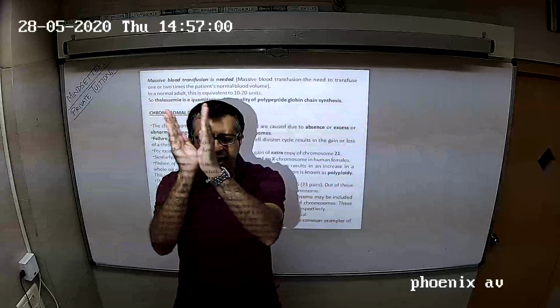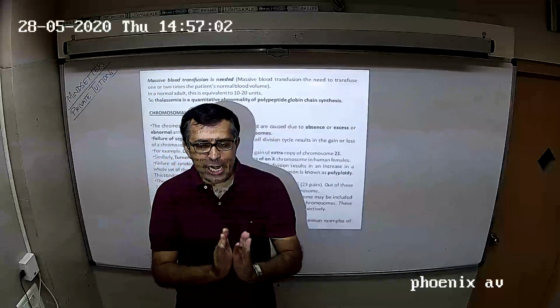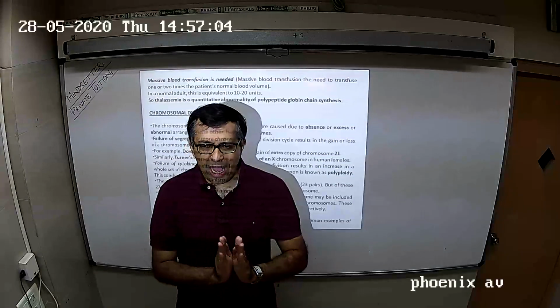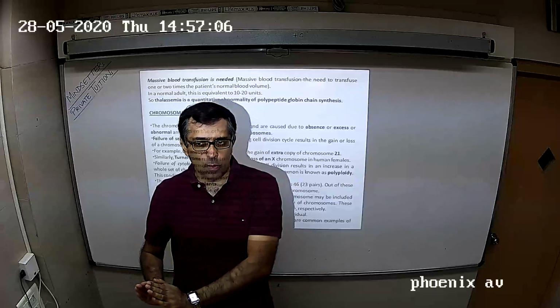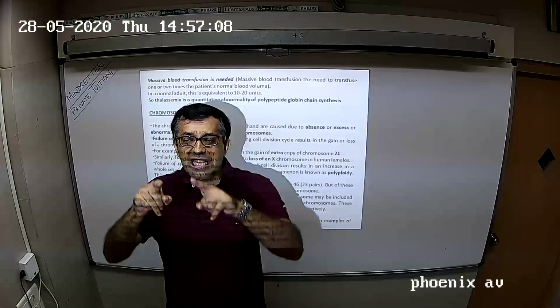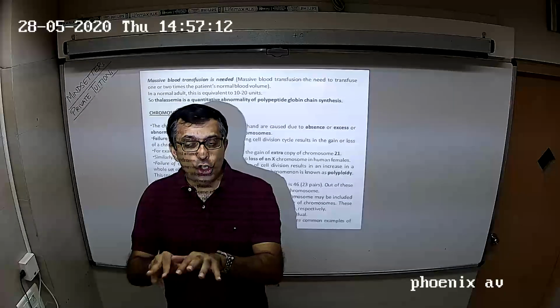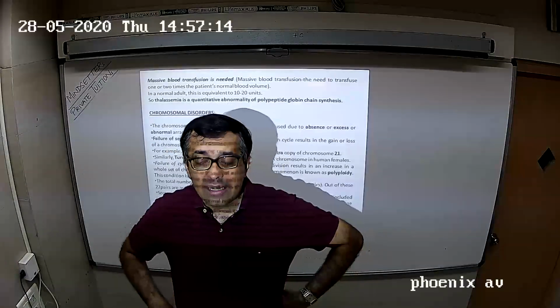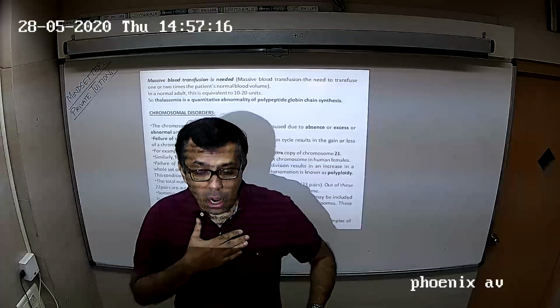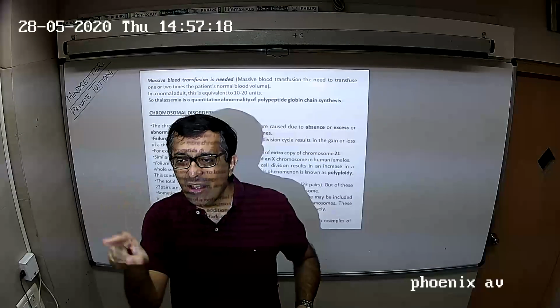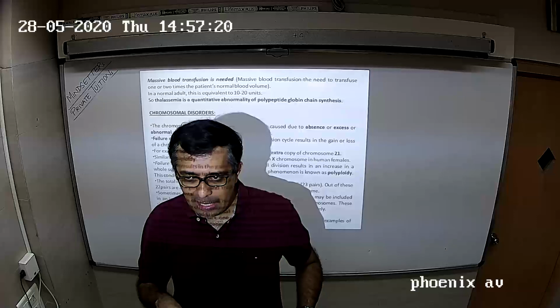Please listen to this carefully. You have 22 pairs of autosomes, and you have, say, X and XX chromosome. And this is a germ cell. Now this lady in her ovary is having 44XX.